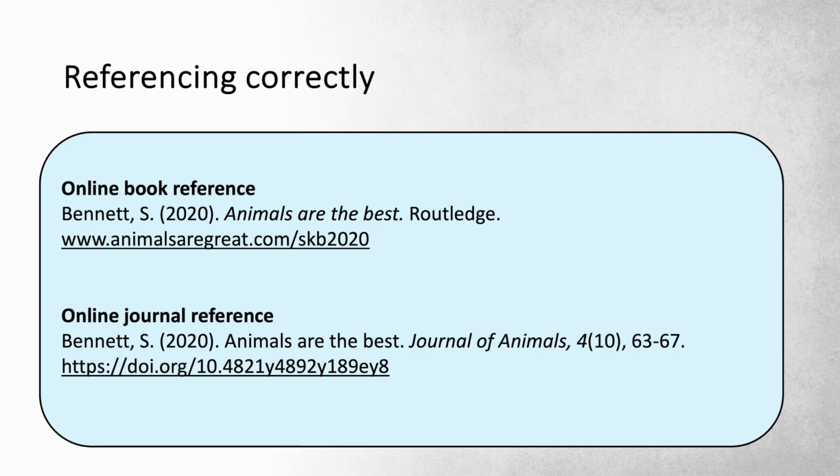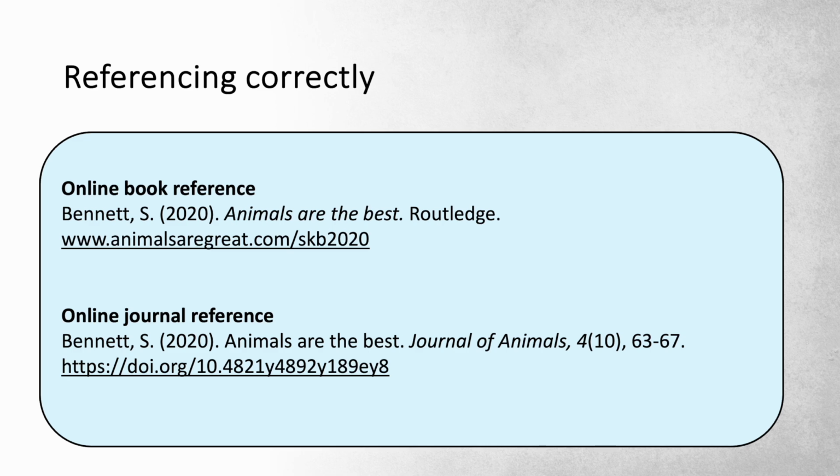However, if it was a journal, journals are slightly different. We've got surname, comma, initial, full stop, followed by the year in brackets and a full stop. The title of the article is in sentence case and non-italic type, followed by a full stop, because the journal itself should be in italics, and interestingly, it's also in title case.